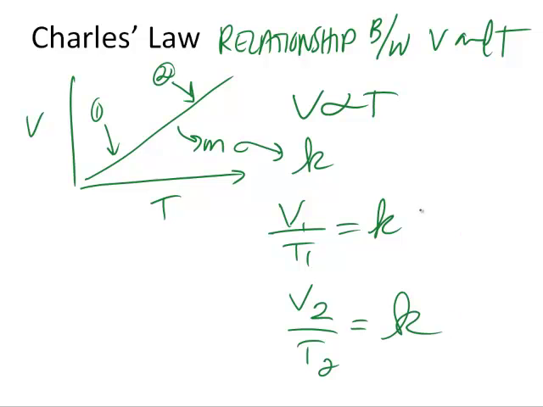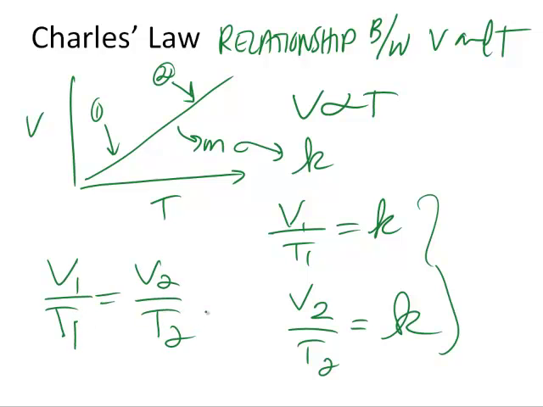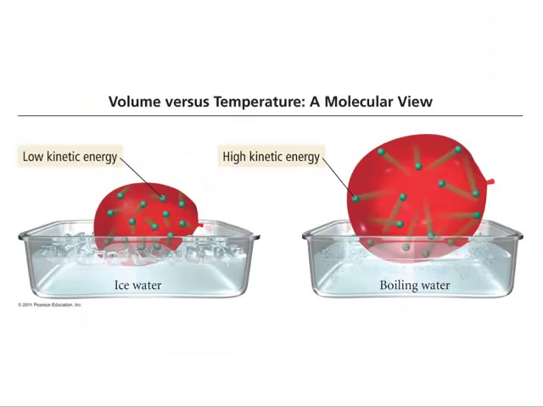Since these are both equal to the same thing, we can set them equal to each other: V1/T1 equals V2/T2. So just like Boyle's law, we've got a mathematical relationship for Charles' law. If you know the initial volume and temperature, and say you decrease the volume, you can predict what temperature caused that.